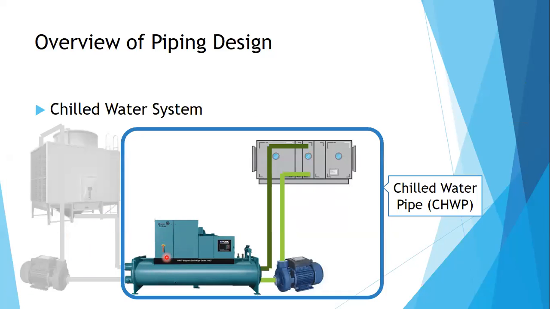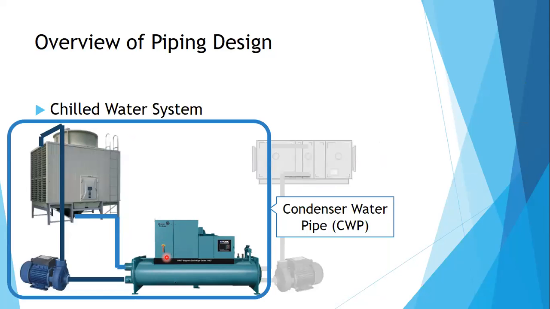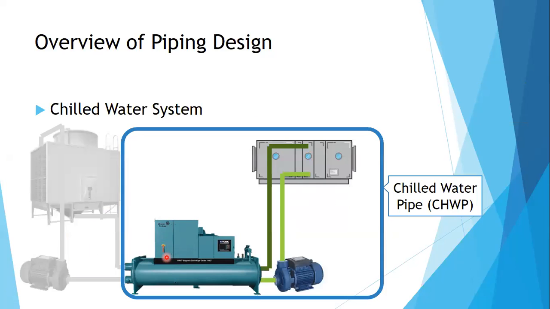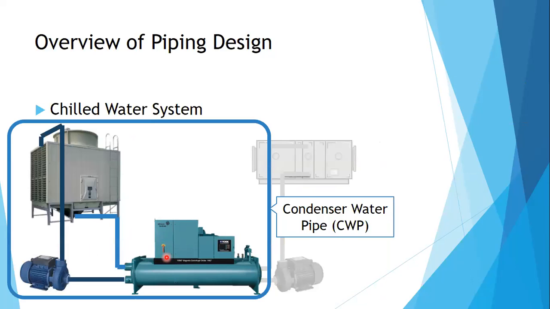So you have 2 types of piping, the chilled water piping and the condenser water piping. Both are connected to your chiller. The chilled water piping is from the chiller to your terminal units or air handling units, and the condenser water pipe is the connection from your chiller to your cooling tower.